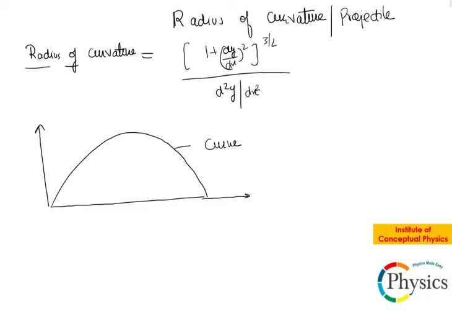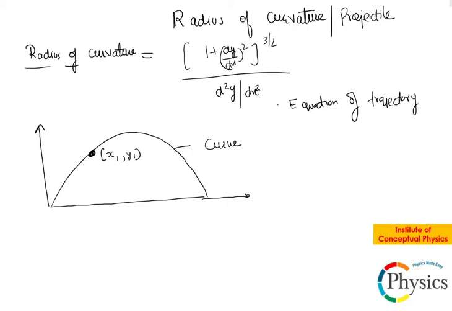So what you have to do to find the radius of curvature at any point. If they ask you, find the radius of curvature at this point, and they give you the coordinates of the point, so the coordinates are known to you. The first step is to write the equation of trajectory, okay, which is in x and y, the x tan theta equation.